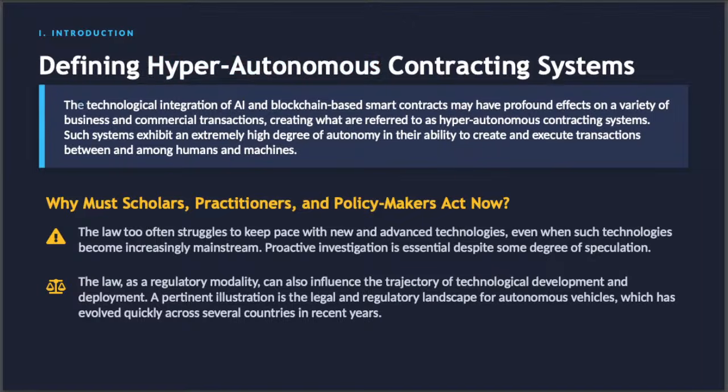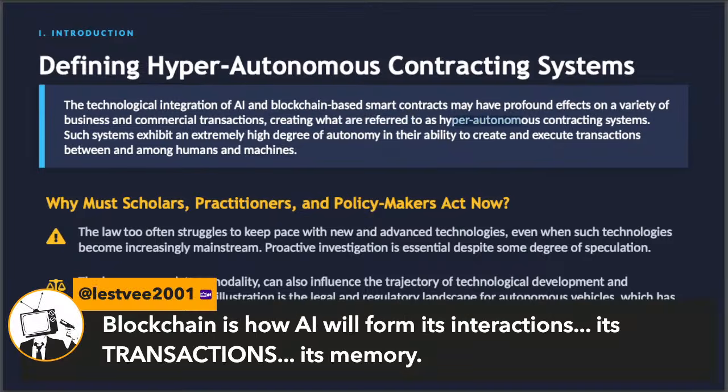So the technological integration of artificial intelligence and blockchain-based smart contracts may have profound effects on a variety of businesses and commercial transactions, creating what are referred to as hyper-autonomous contracting systems. Leslie 2001 says, blockchain is how AI will form its interactions, its transactions, its memory.